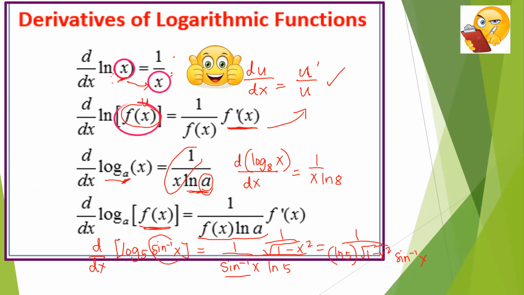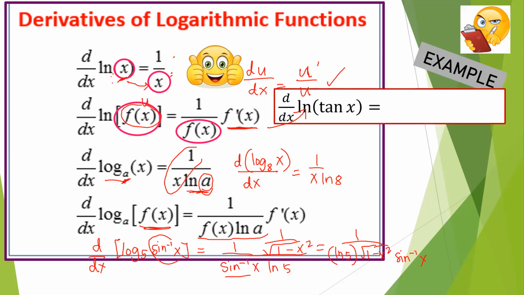Okay, so ayun yung ating mga formulas. Take note of those. Another set of examples. Kunwari meron kang ganito, ln of tangent x. Let's just erase some markings that we have. Ayan.